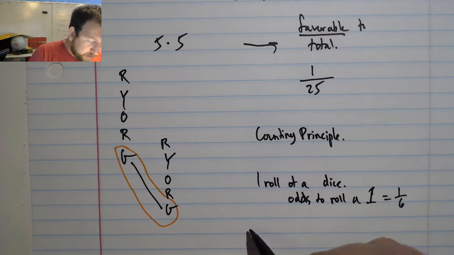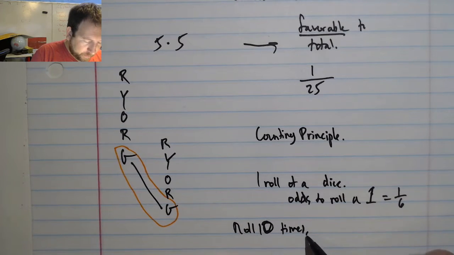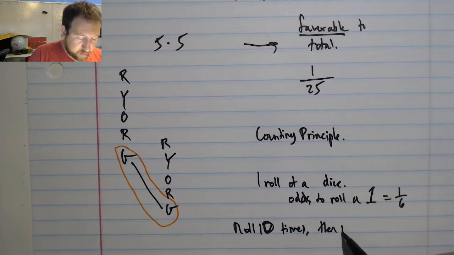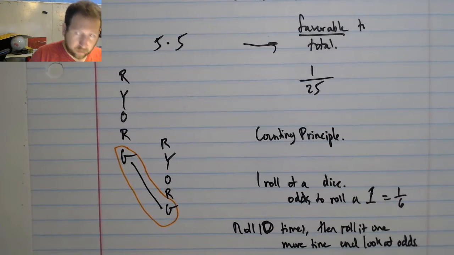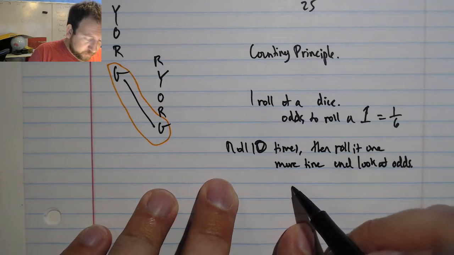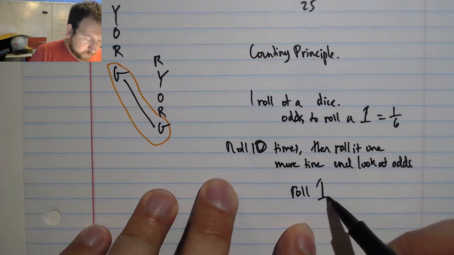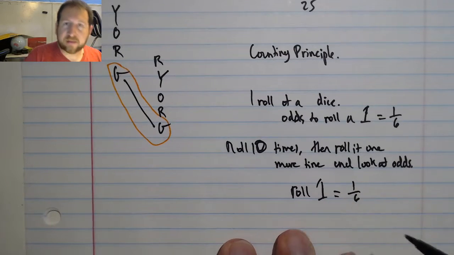If I roll a dice 10 times, then roll it 1 more time and look at the odds, rolling a 1 of 6 is still a 1 of 6, no matter how many times I rolled it previously.